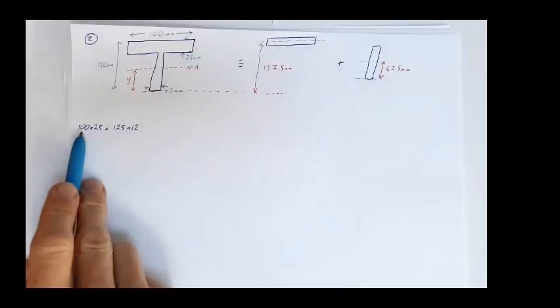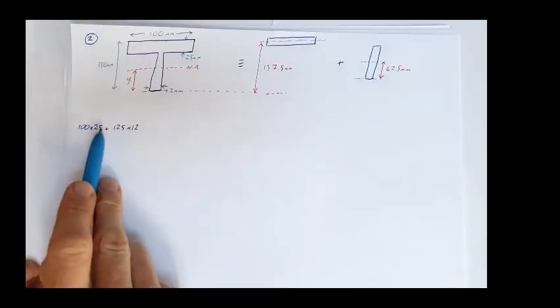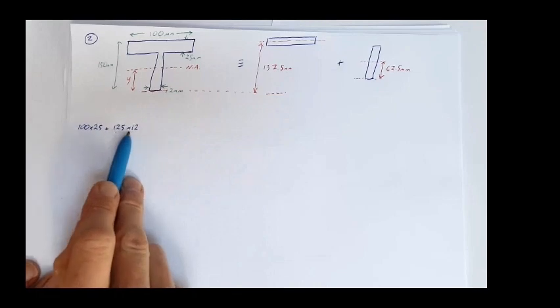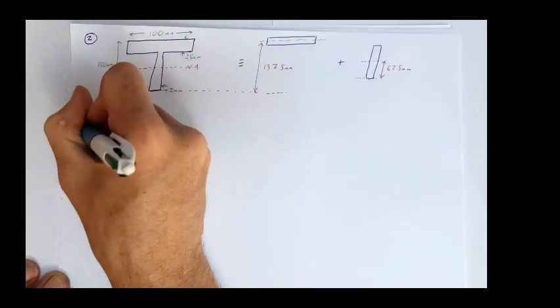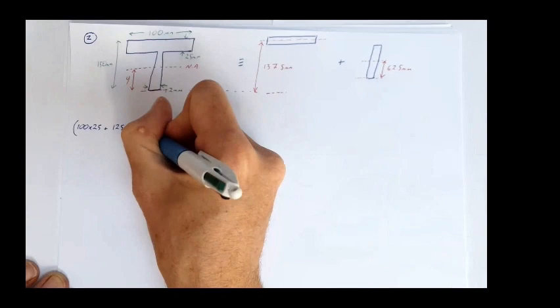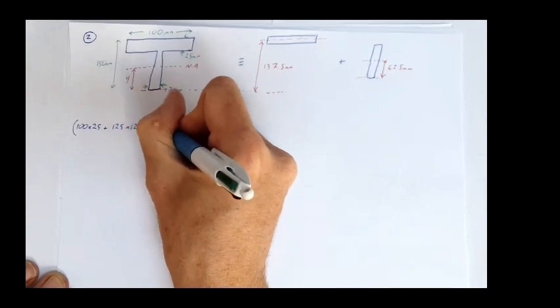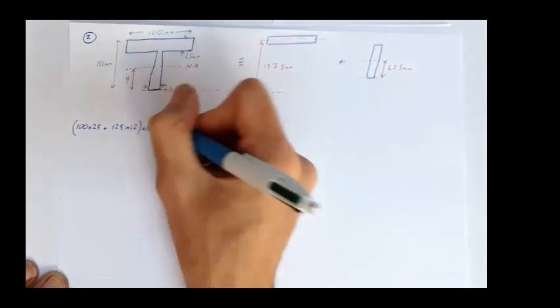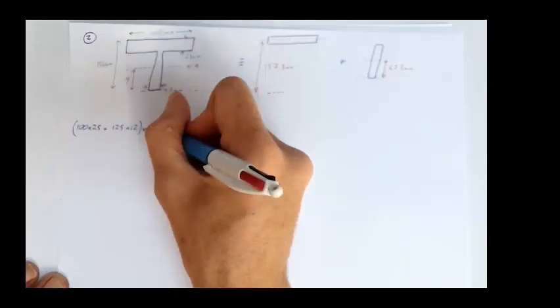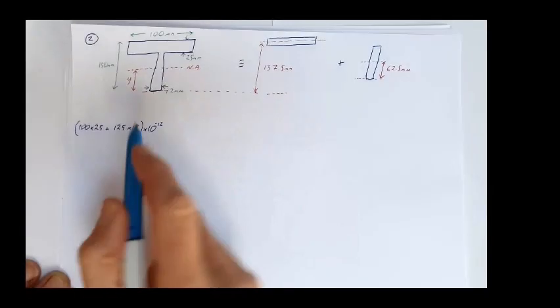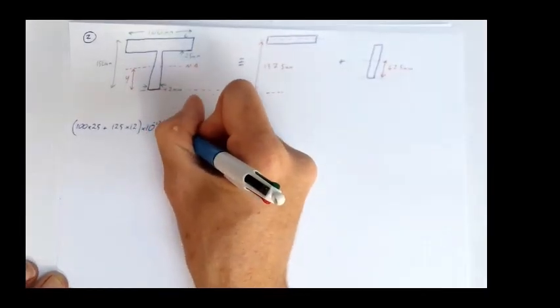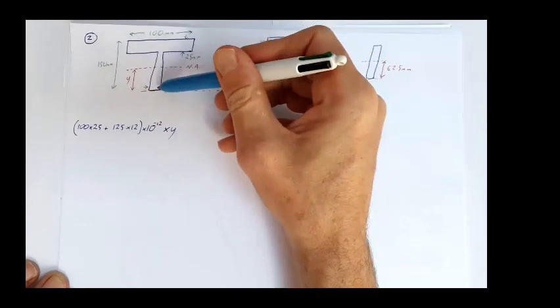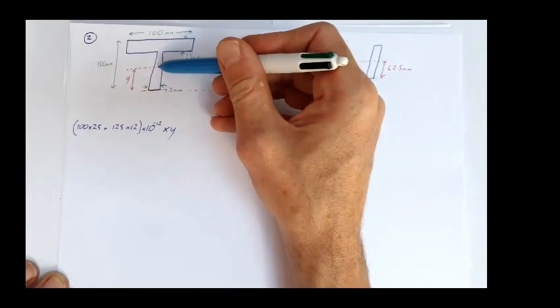This is in millimeters, so we're going to have to multiply that by 10 to the minus 12 to get that into meters. And so that's my area. And then we can multiply that by y, so it's going to give me my moment of area.